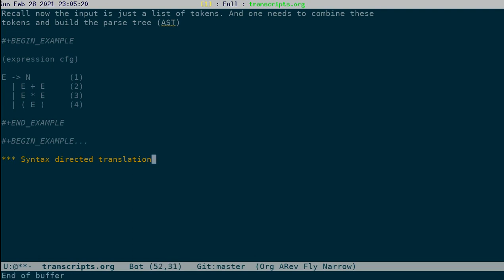One convention that I am going to follow: whenever I write 2, I actually mean the token n whose semantic value is 2. So how does syntax directed translation work? The way to think about it, suppose we have an input like 2 plus bracket n3 times n4. This is the input.